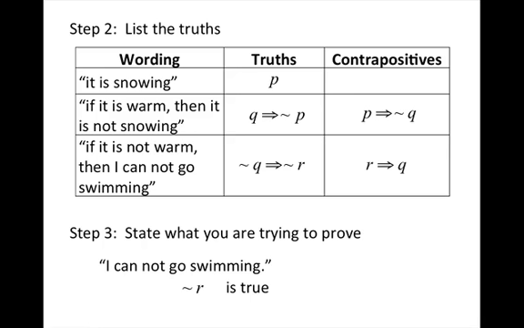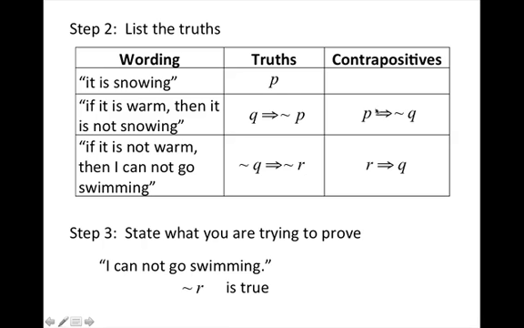Knowing that alone isn't going to prove that not R is true. So look at what else we're given. Here I have a not Q, and in this contrapositive I have a not Q. So I could put these together with the law of syllogism, and I could end up with P implies not R being true.